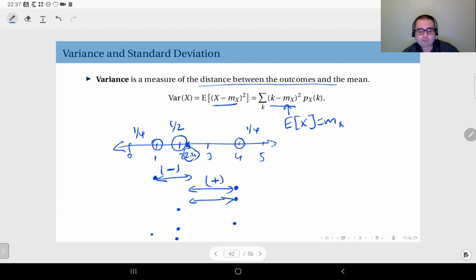Take the distance between the possible outcome and the expected value, take the square, weight with the probability, and add them up. This is what we call variance, and it is a measure of how dispersed and how widely spread the distribution is. If the variance is large, the possible outcomes are distant from each other.